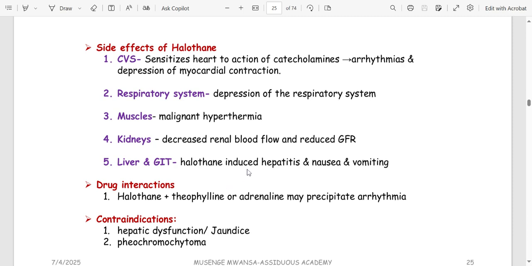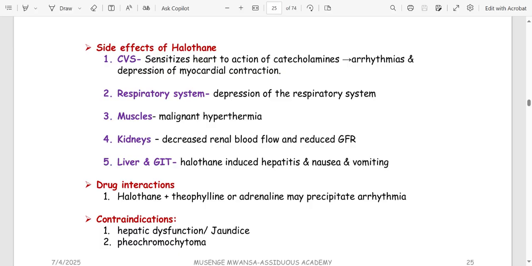Not asthma, but that should be COPD. So we'll be able to discuss theophylline. So halothane will interact with theophylline or adrenaline and may precipitate arrhythmias. Basically, you can worsen the condition.